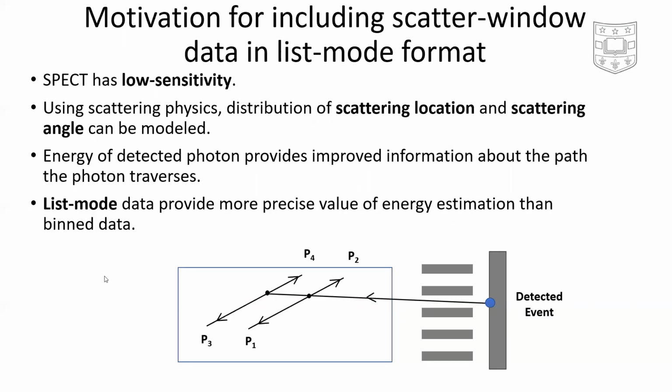As Compton scattering is the dominant scattering phenomenon, energy of the detected photon also carries information about the scattering angle. Thus, adding energy information helps assign more accurate probabilities of a path the photon traverses. And if we save the data in list mode, it can provide us a more precise value of energy than binned data.